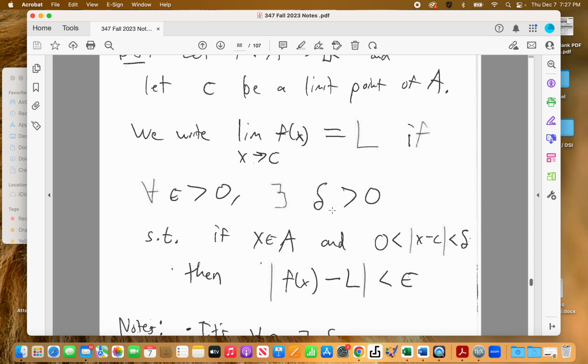Right before, we said the sequence was getting close to the limit. Now we're saying the function is getting close to the limit, right? There are just those parallels that I think can help us keep this straight. And do we consider this for every single x value? No, only for those x values that are close to c.